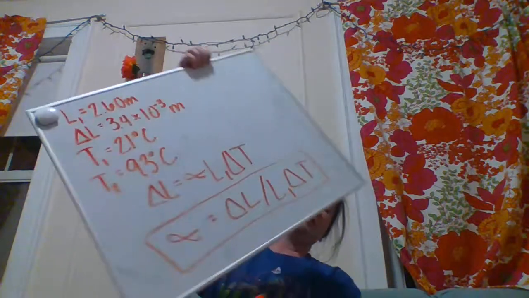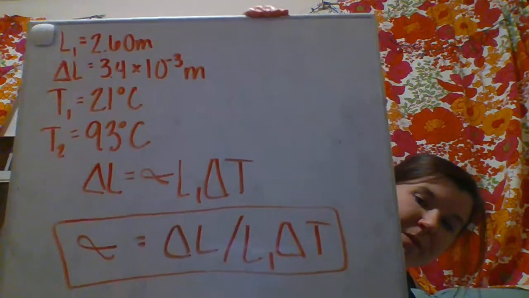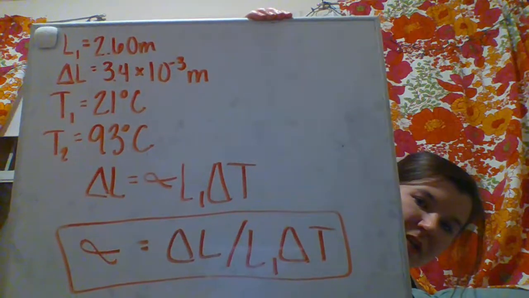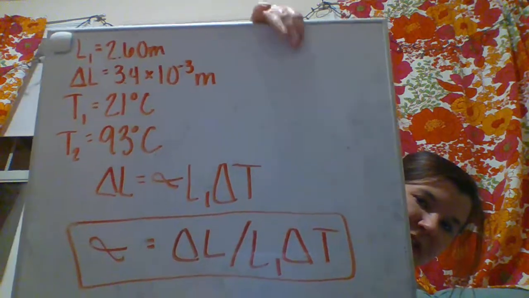To do that, all we have to do is divide by L1 and change in temperature, and we'll get alpha by itself. So it'll end up being this. I'll show it to you in just a second. Change in T. All right, so this is what we're going to use right here. And I'll just do it in that upper left-hand corner right here.